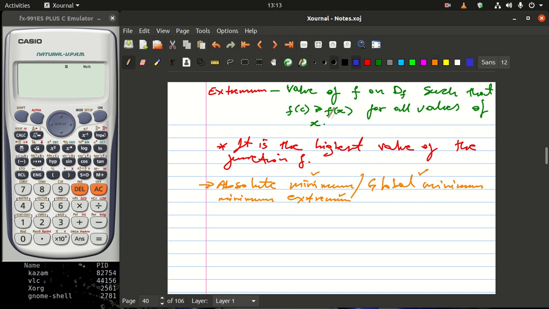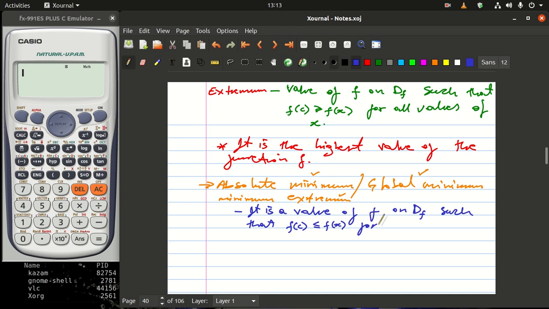What is this thing? Mathematically, we usually say that it is a value of f on the domain, such that when I take this value c and plug it inside this function, this value is always less than all other values of f of x for all x in Df.